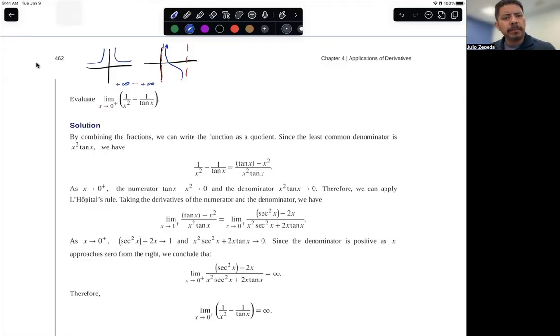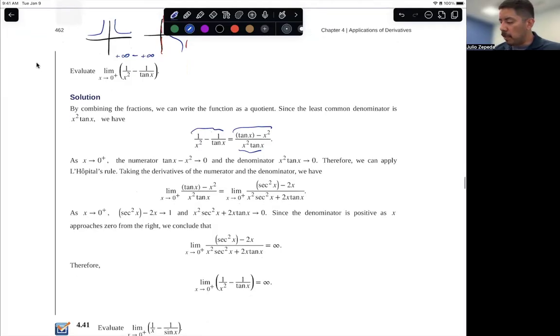And so the way to evaluate this kind of limit is to just try to combine the fractions. And what does that involve? Getting a common denominator, in this case, x squared tangent x. And once you combine the fractions into one, let's see, what did they do here?